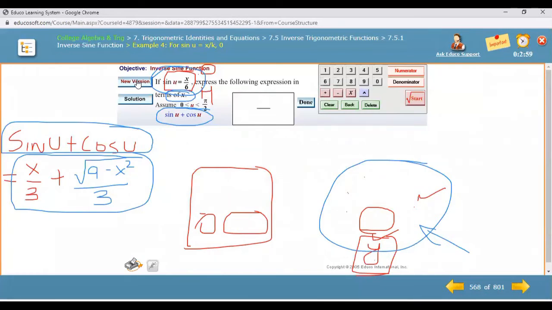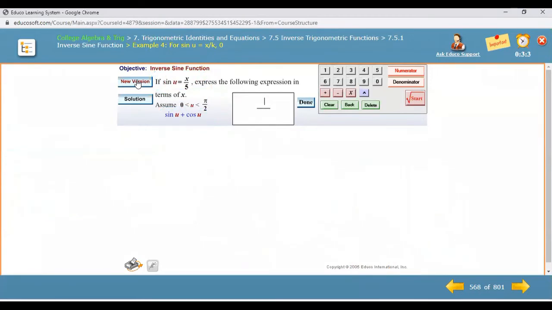These questions are quite similar, and you will see such questions on your exam. Let's work on this one. Again, I draw a right triangle, and we consider this angle as u. Sine u is x over 5. So this side is x, this side is 5.